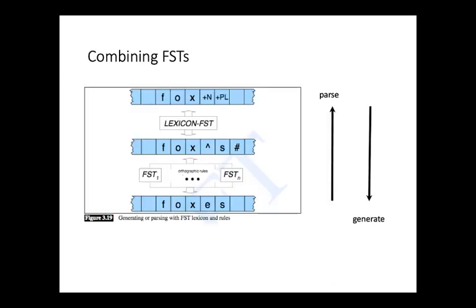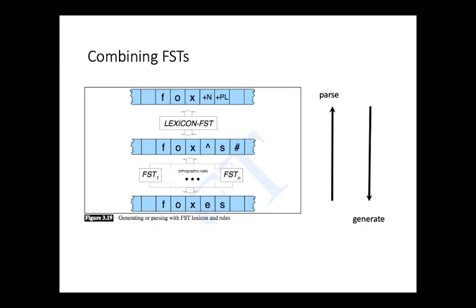So you can combine FSTs together. And this is something that in the next 2 weeks will be very important to you, we hope. So here we have a lexicon FST, one that handles morphotactics. Here we have orthographic rules.